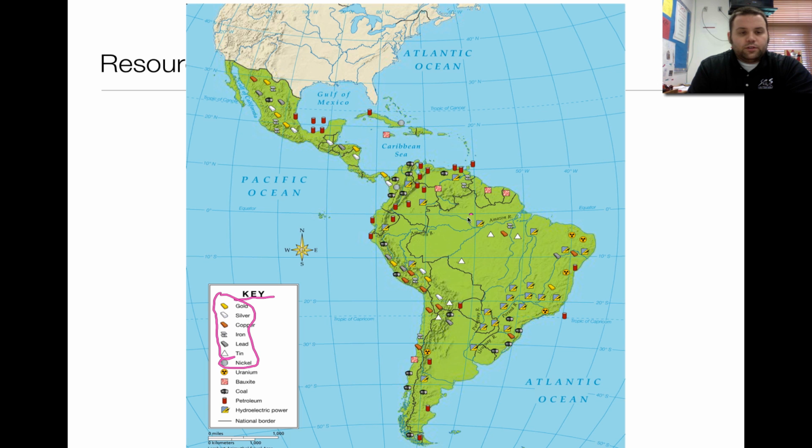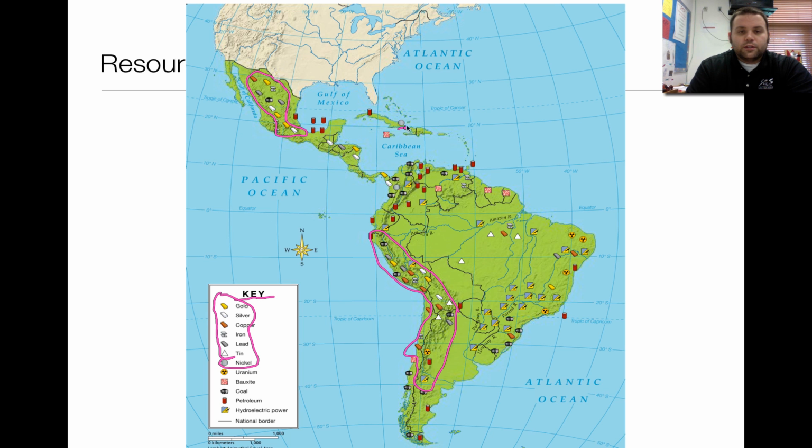And notice that the majority of them are found in these mountainous regions, along here through the Andes. If we go up here into Mexico, the mountain range up here as well, that's where you find a lot of those minerals. They're found mainly in the mountains.